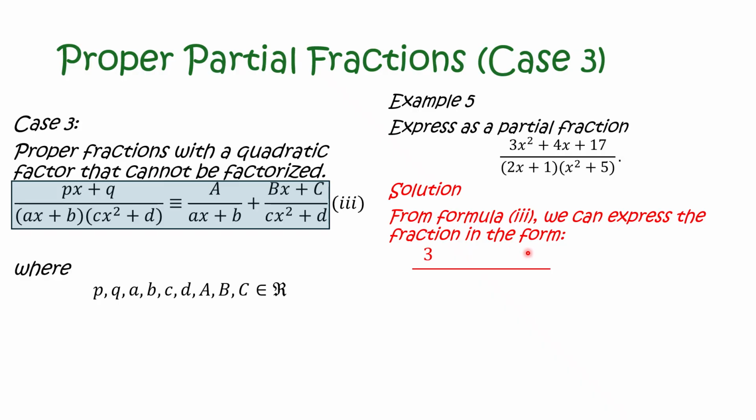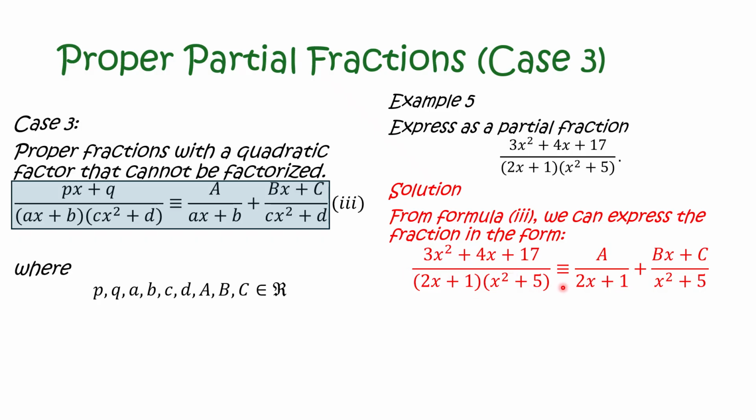Recall from formula 3, we can express the fraction in the form capital A over (2x + 1) plus (Bx + C) over (x² + 5). Take note, we're doing so because we cannot factorize x² + 5.